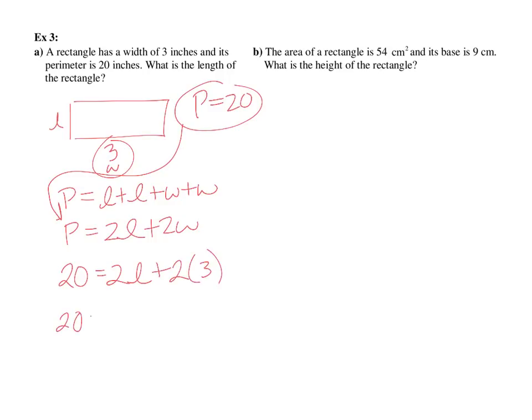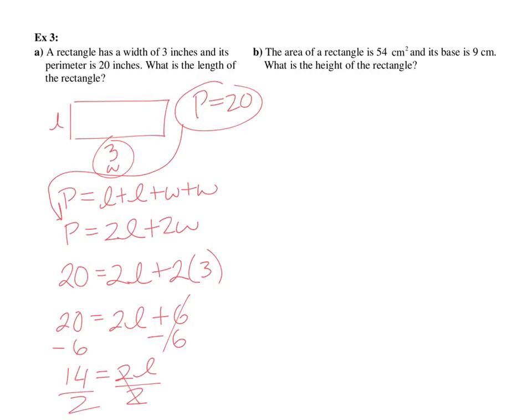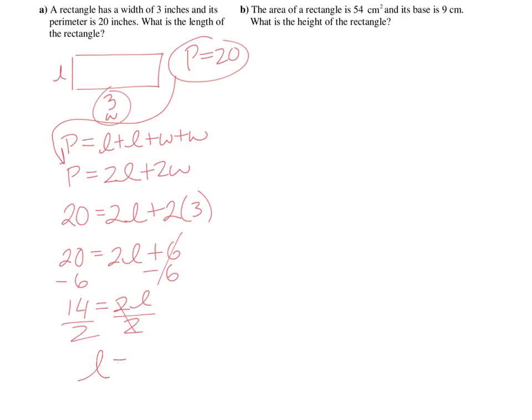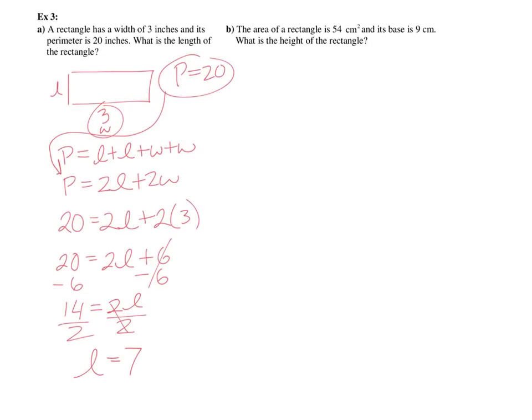All right, so I have 20 is equal to 2L plus 6. Subtract 6. I have 14 is equal to 2L. Divide by 2. And L is equal to 7. And what units are we working with here? We're working with inches, 7 inches.